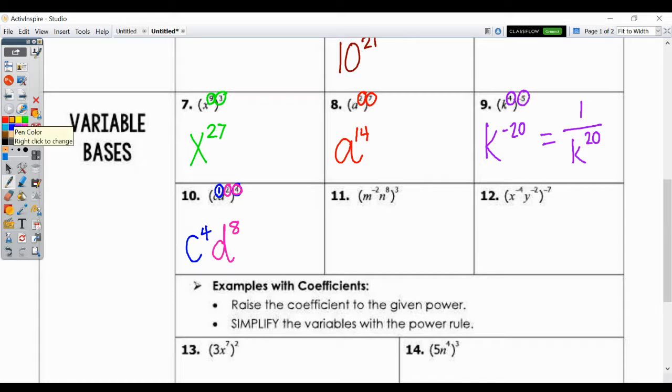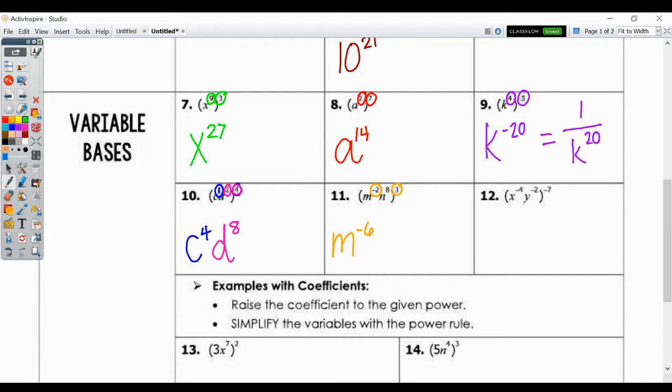Okay? Number 11. It also has two variables. So I'm just going to deal with the m part first. So I have m, and m has a negative 2 as its exponent, but then it's also to the third, right? Because it's inside parentheses. So negative 2 times 3 is negative 6.